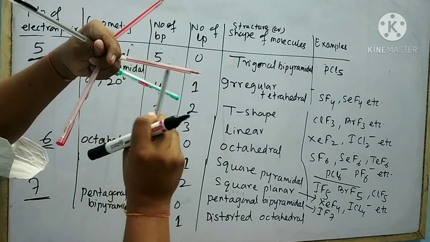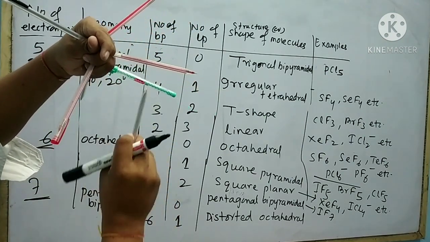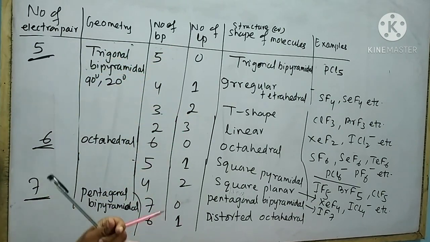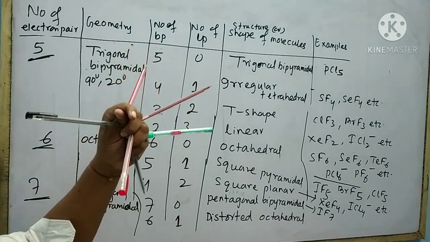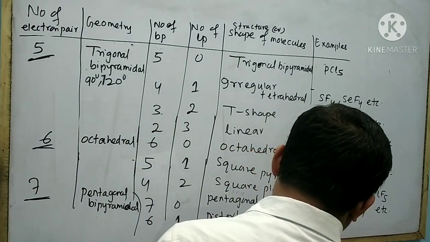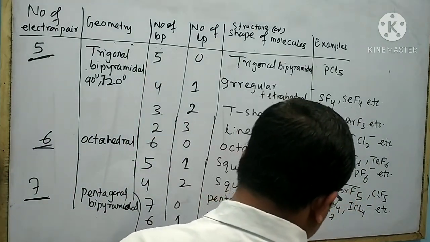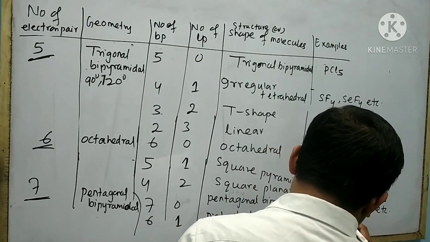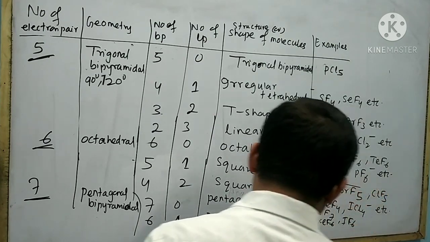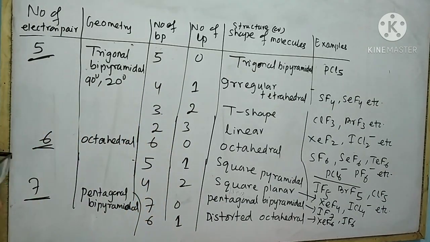Here this angle is not 90 degree, this is not also 90 degree. This is said to be distorted octahedral shape. The examples of distorted octahedral molecules are XeF6, IF6-. These are the examples of distorted octahedral.